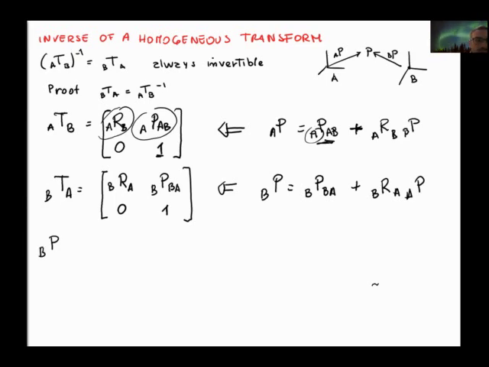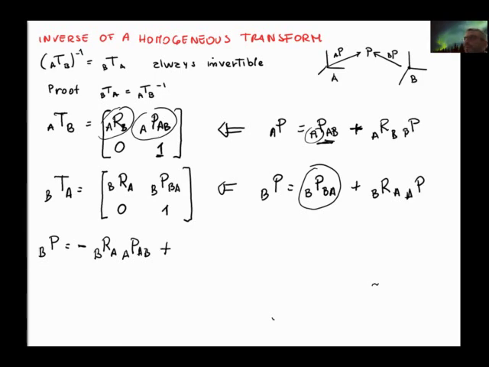So we have PB, and we try to work out, use this PAB in A, and we know that we need to put a minus because the vector from origin of frame B to frame A is the same as the minus the vector from origin of frame A to frame B. And we also need to consider the rotation to frame B. So this is the same as this.